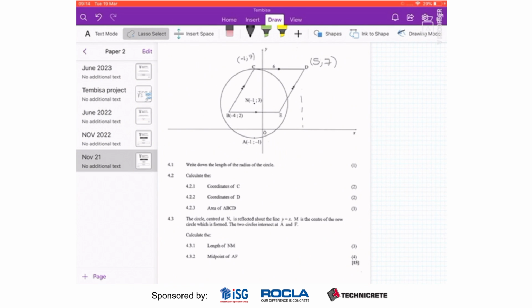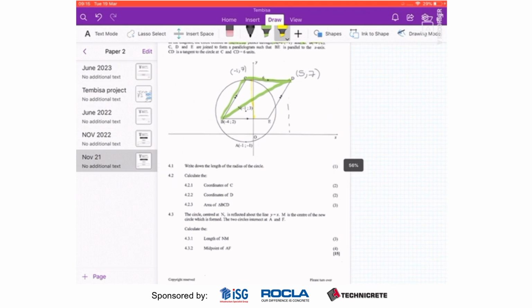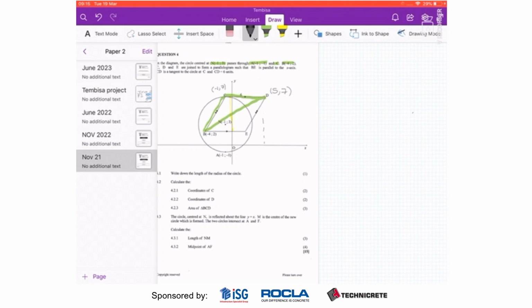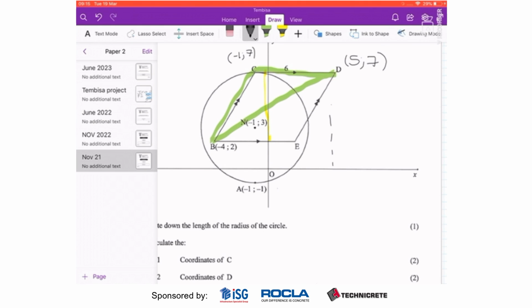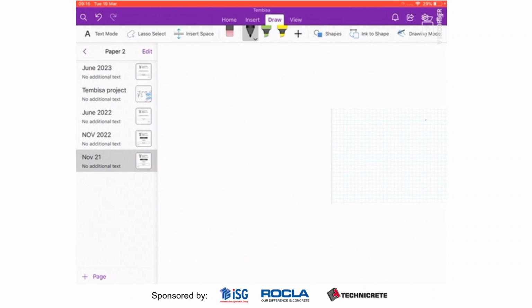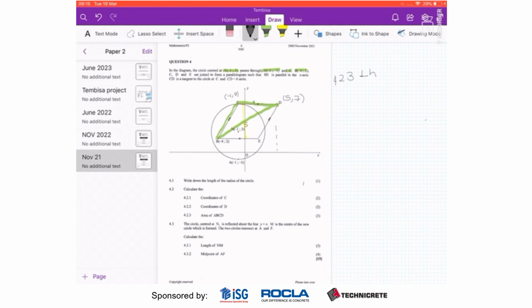Next, we need to find the area of triangle BCD. Okay. So the height of that is going to be from C to B, which we can calculate. So now we're looking at 4.2.3. The height from B to C, so it's from 2 to 7, so the height is going to be 5 units. Okay, so my perpendicular height of this triangle is 5 units.